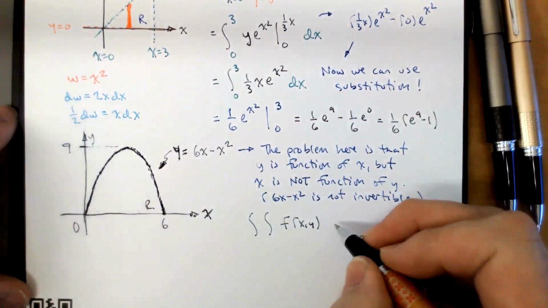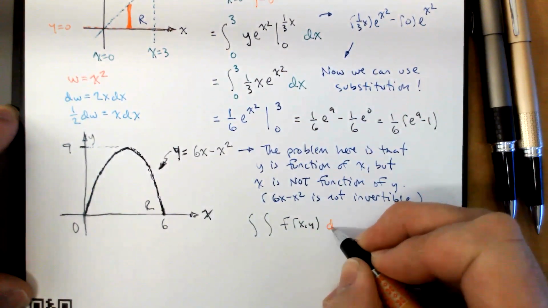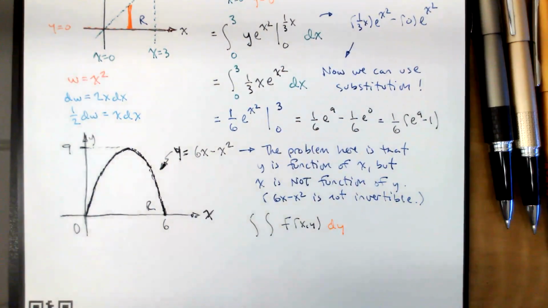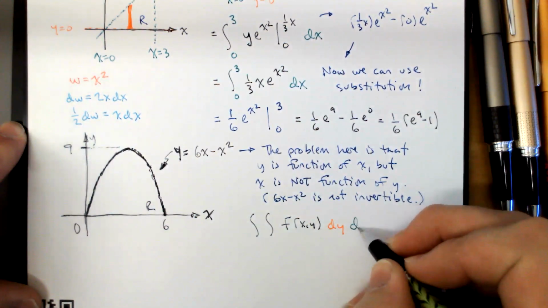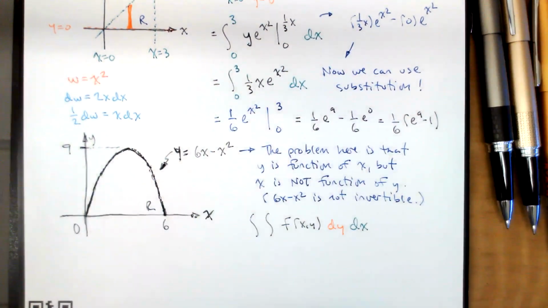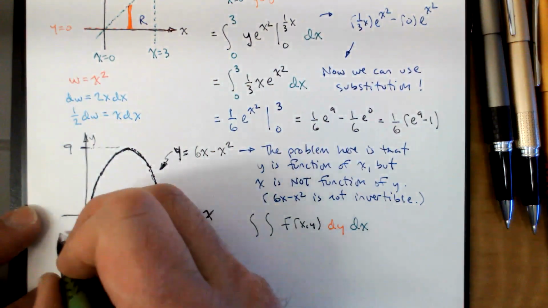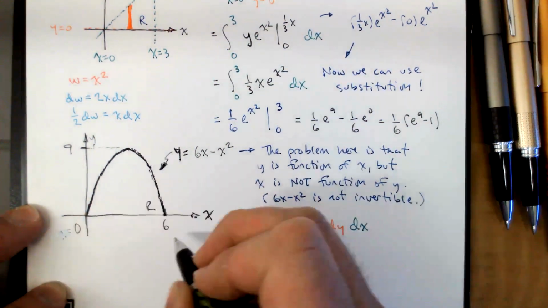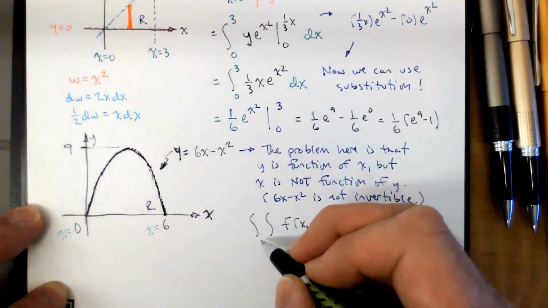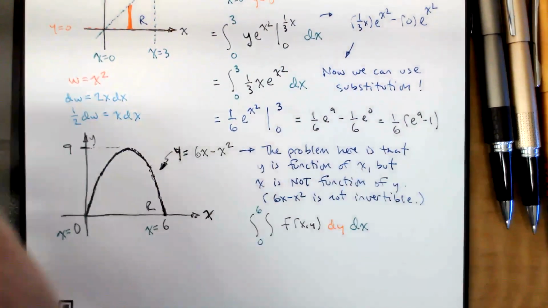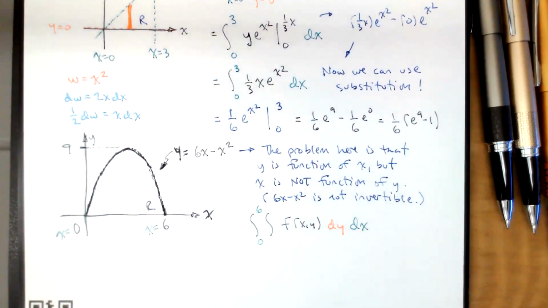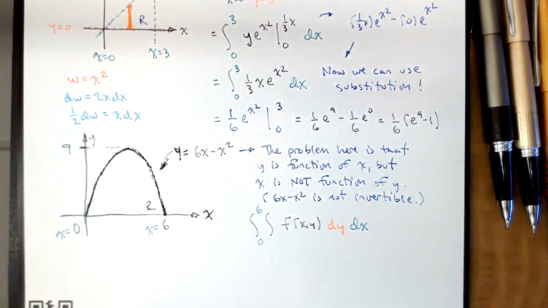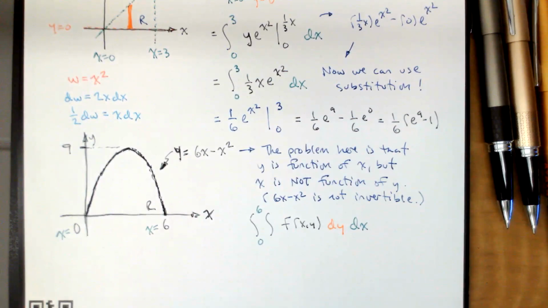So setting up dy dx, I can just use x equals 0 to x equals 6 as my constants, left to right from 0 to 6.